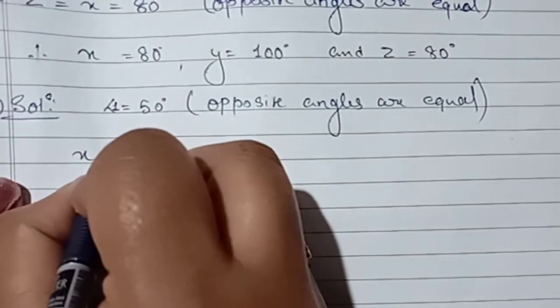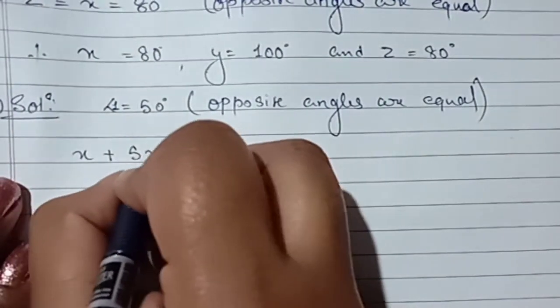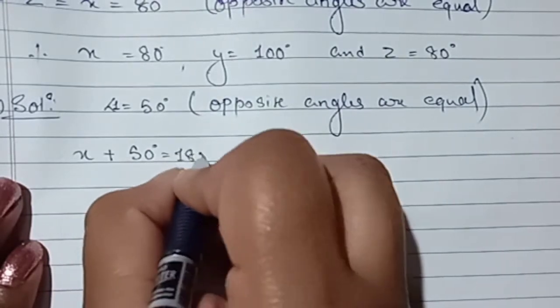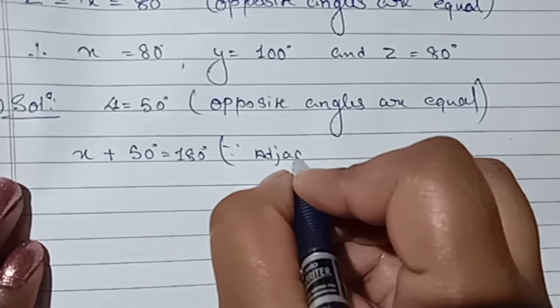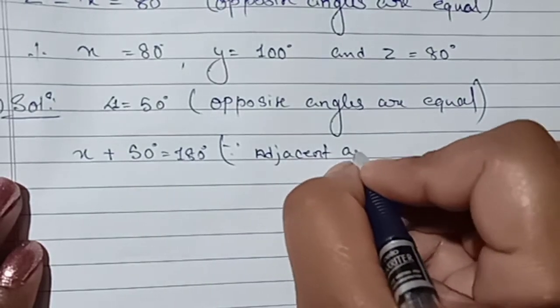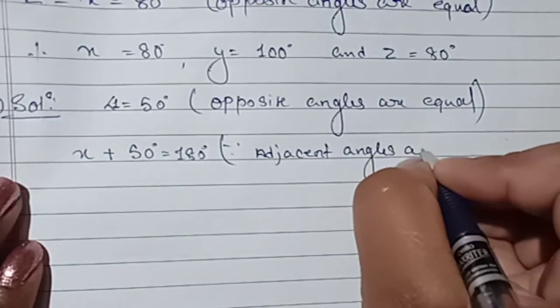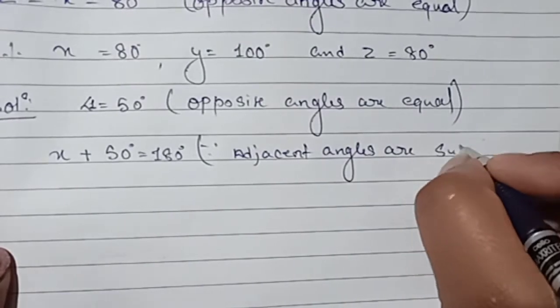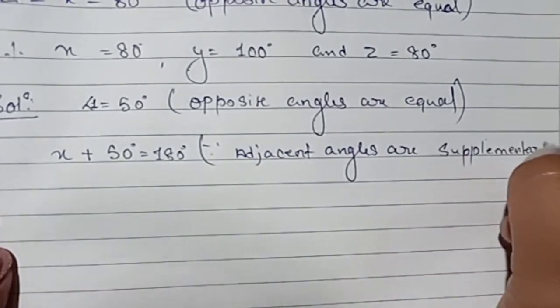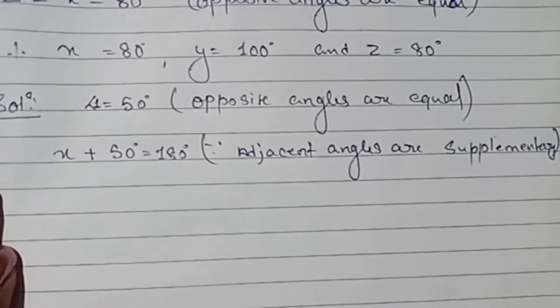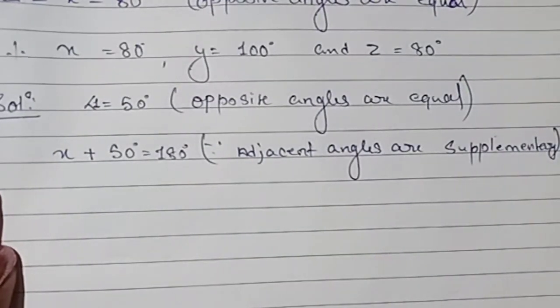So x plus 50 degree equal to 180 degree. Reason: since adjacent angles are supplementary.